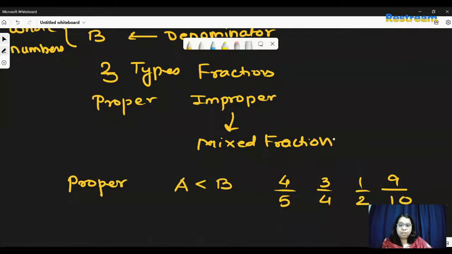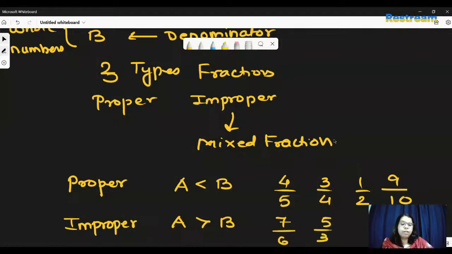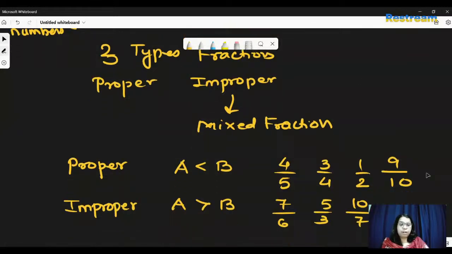Now we have something called an improper fraction, where your numerator is greater than your denominator. So let's say 7 by 6, 5 by 3, 10 by 7. These are all improper fractions.